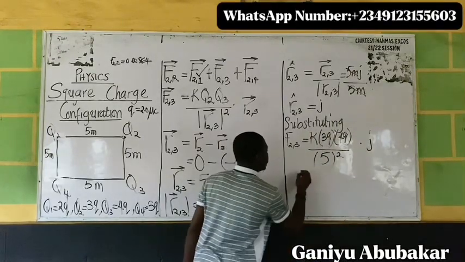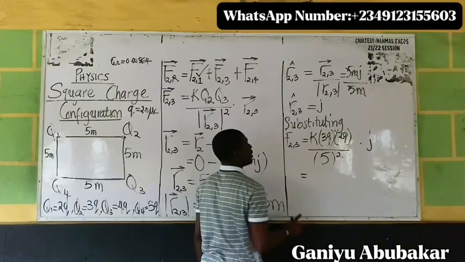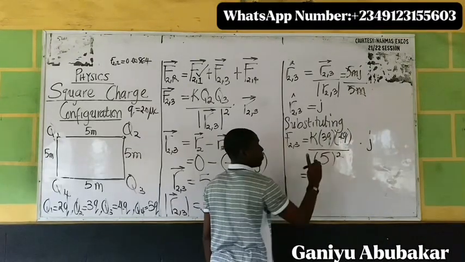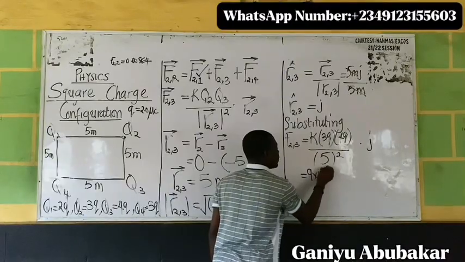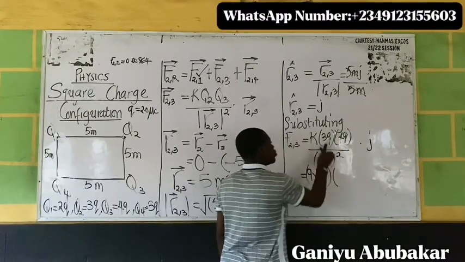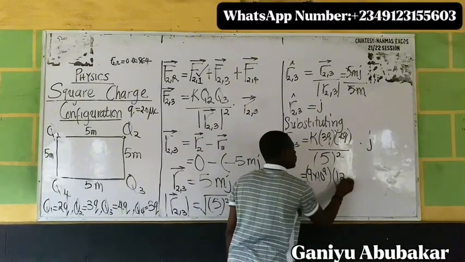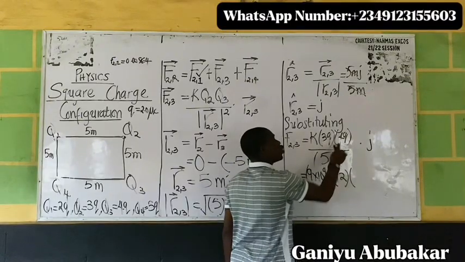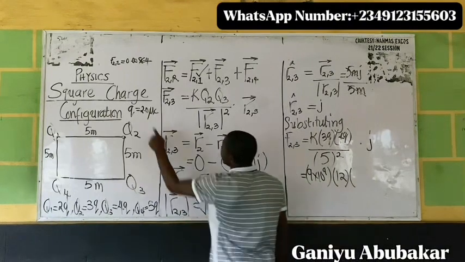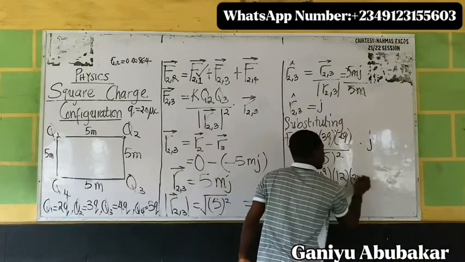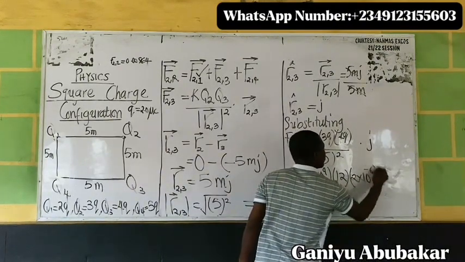From here, this is now equal to, we said initially 3 times 4 is 12, so I have K, which is 9 times 10 to the power 9, into 3 times 4 is 12, into Q times Q is Q squared, and Q itself is 2 Coulomb, that's 2 all squared.